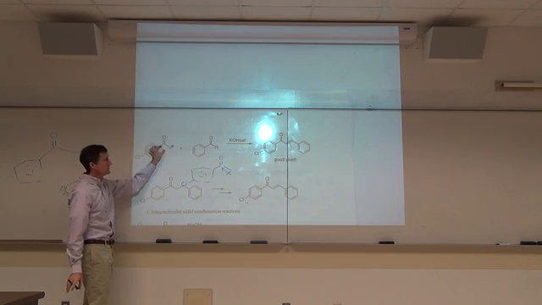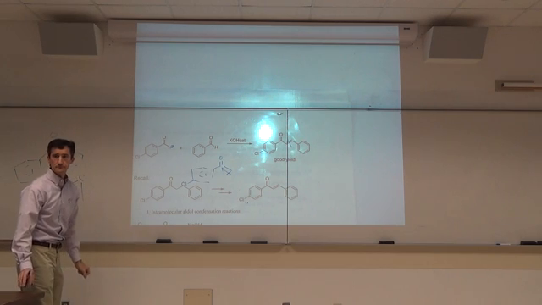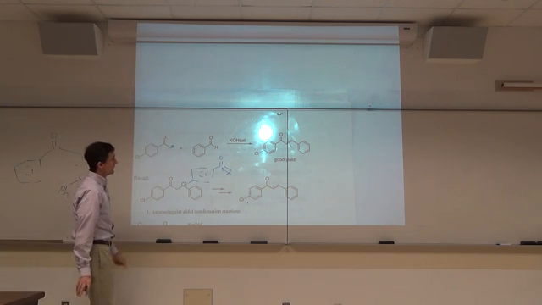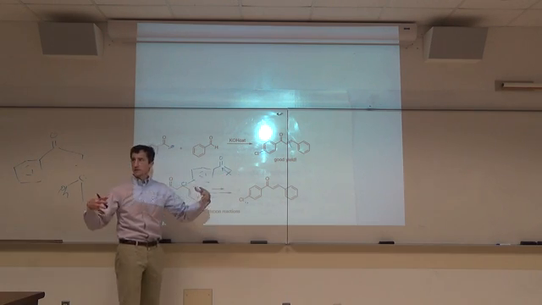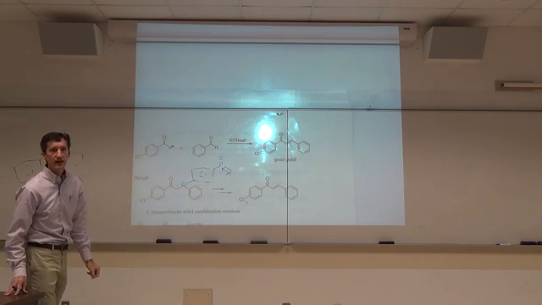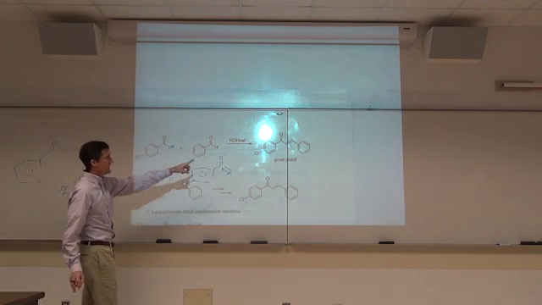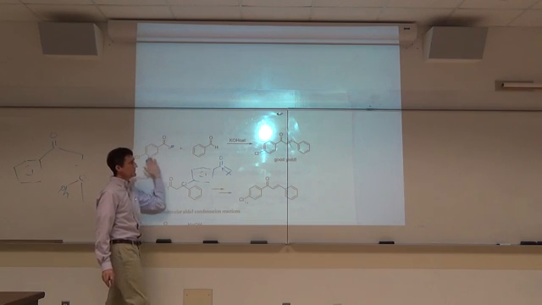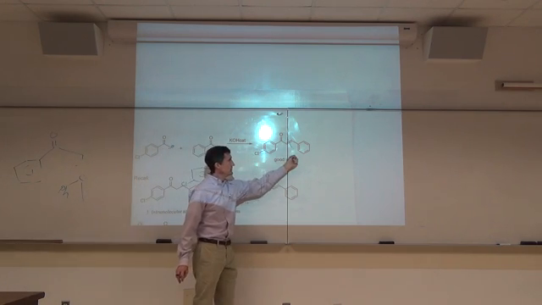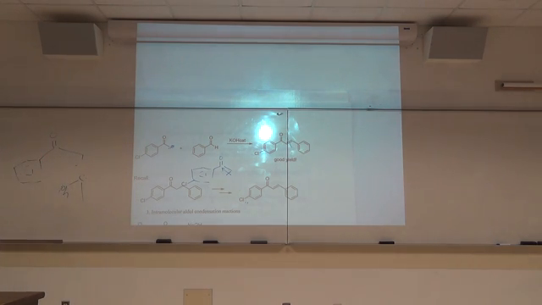So as soon as you get some carbanion, it's going to go straight for the more electrophilic carbonyl. Not only because this has induction, but also because the methyl adds sterics, which is more difficult to attack. So that's the argument of why you get this product and not its self-reacting. And indeed, if you do this reaction, you get good yields of that product right there. So we have some reason for selectivity.